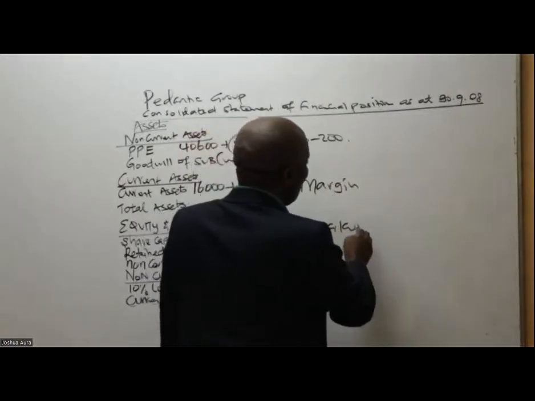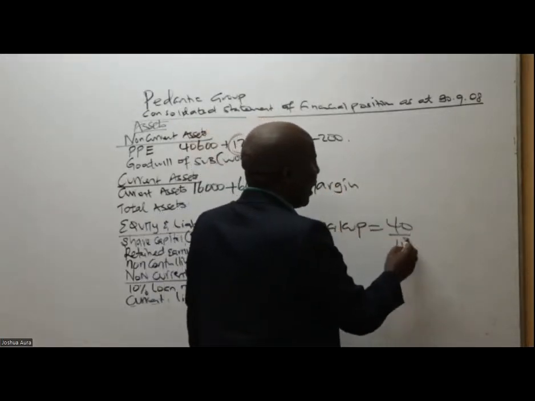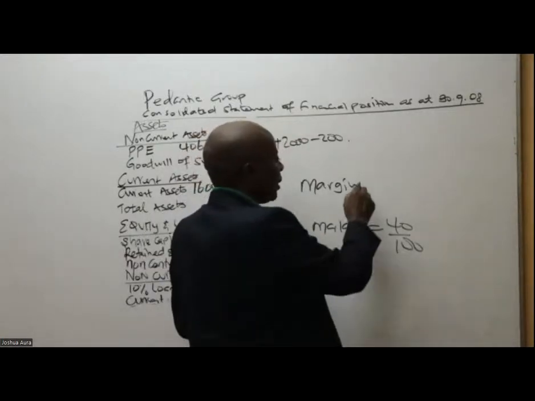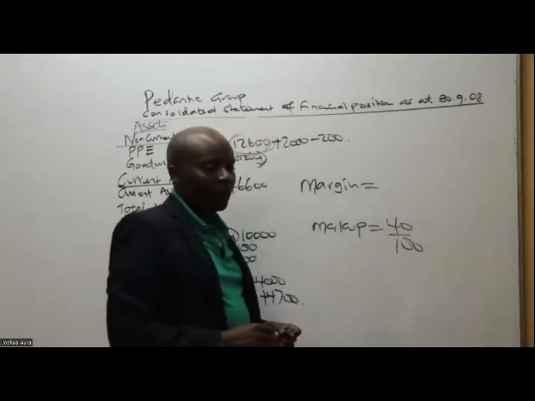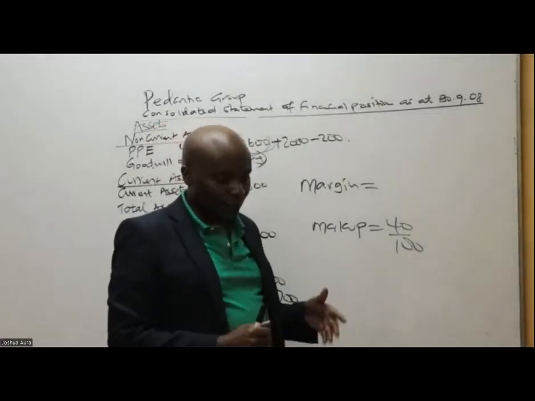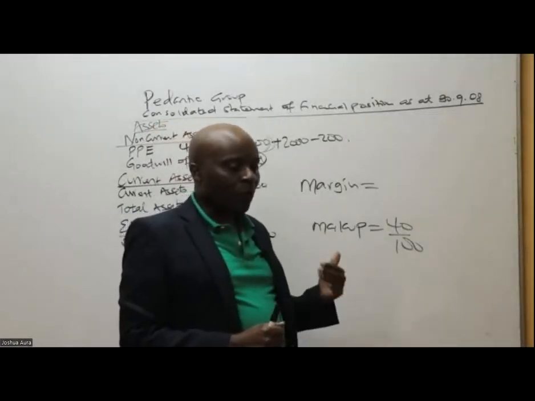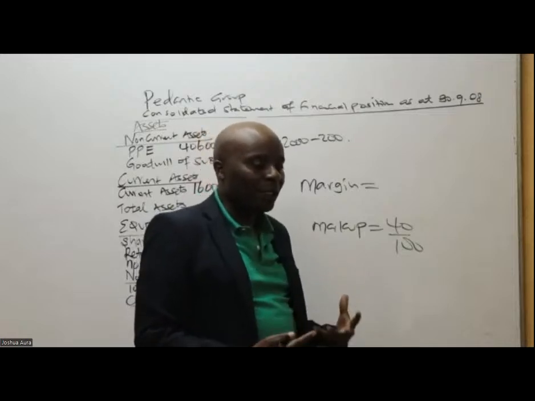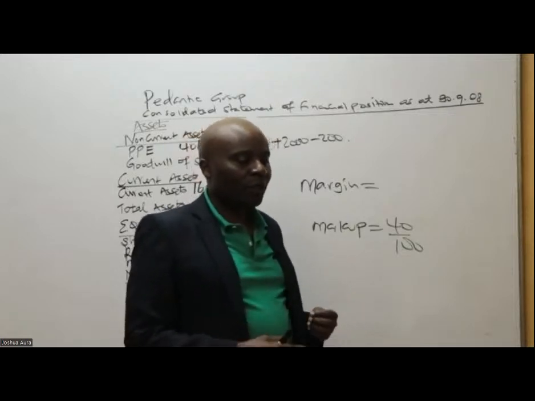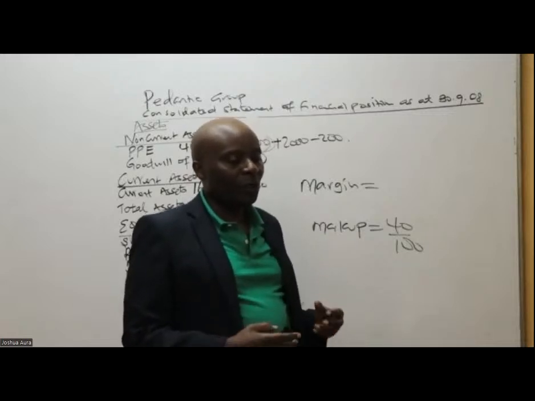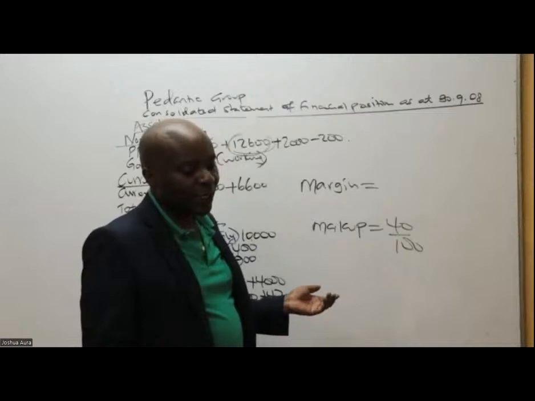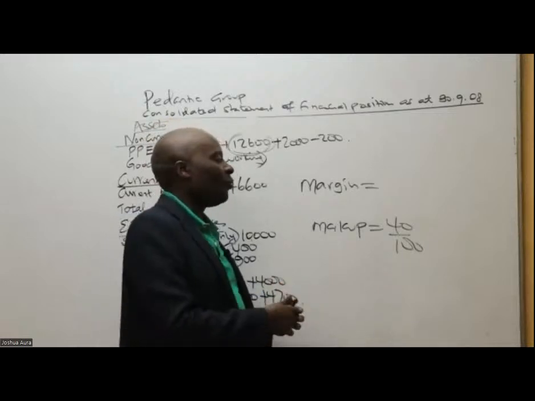So markup is 40 over 100. When markup is 40 over 100, could you kindly give me the value of margin? Let me try to simplify this for you. Will the margin be 40 over 60 or 40 over 140? Which one has got a bigger base?